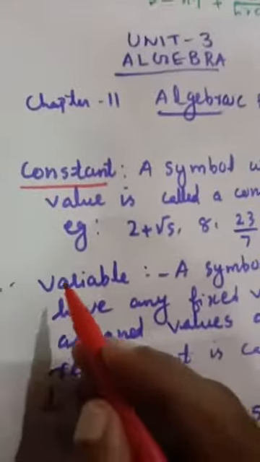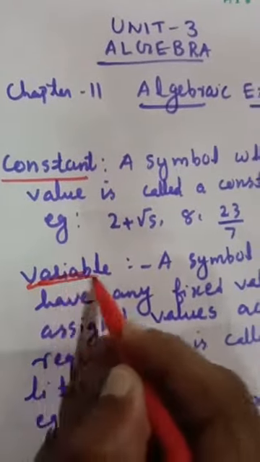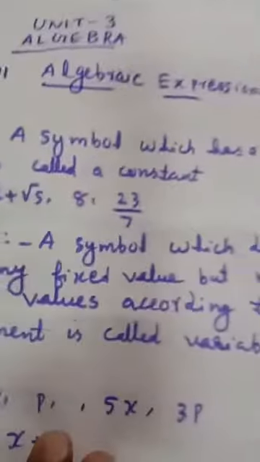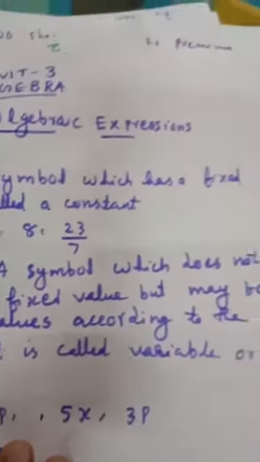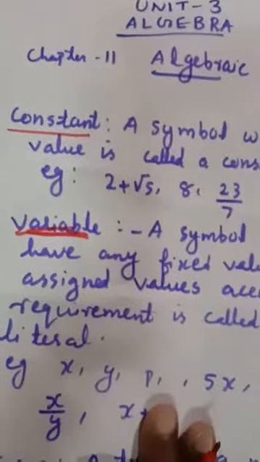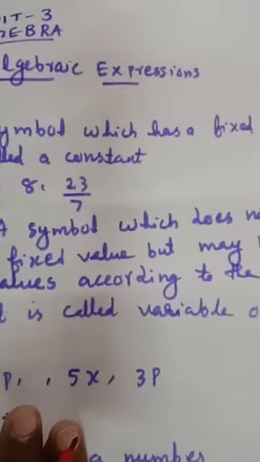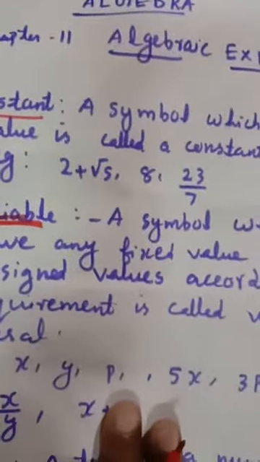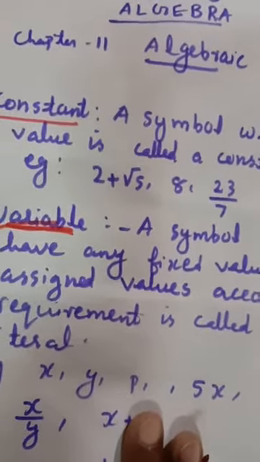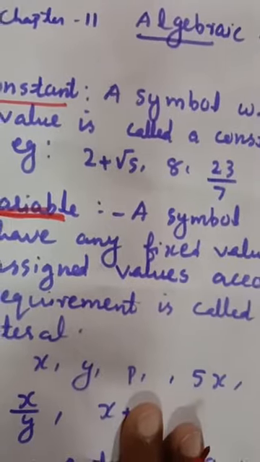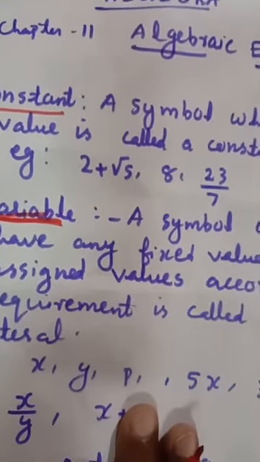Then what do you mean by variable? A symbol which does not have any fixed value but may be assigned values according to the requirements is called a variable.